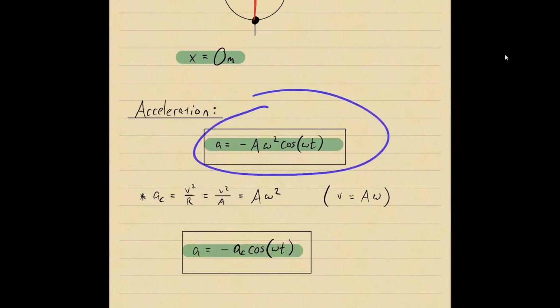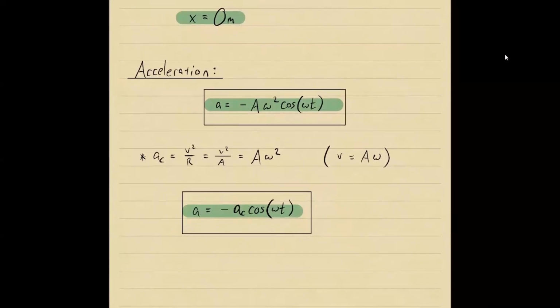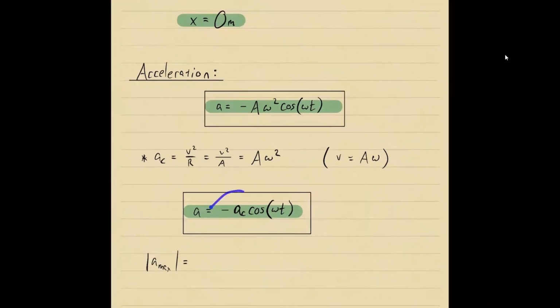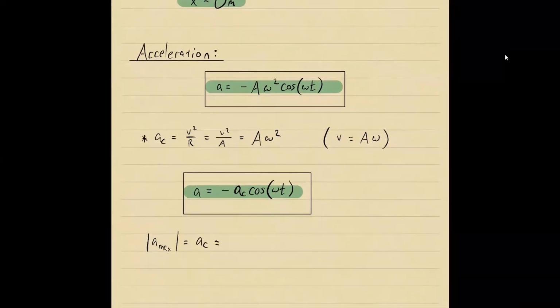The max value that the acceleration can take is when this value is at its max, which is when cosine is either +1 or -1. So the maximum value that this acceleration can take is the centripetal acceleration, which is just A omega squared.